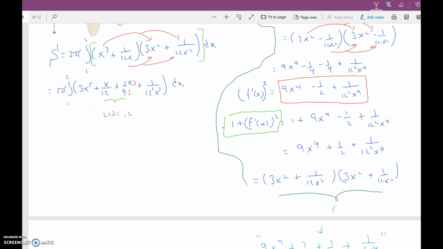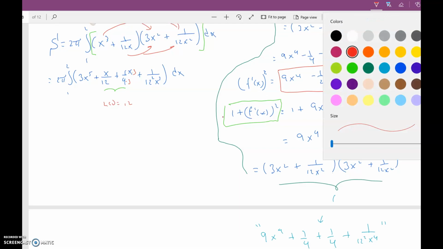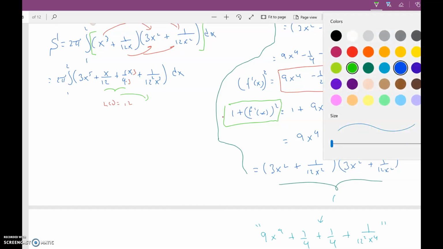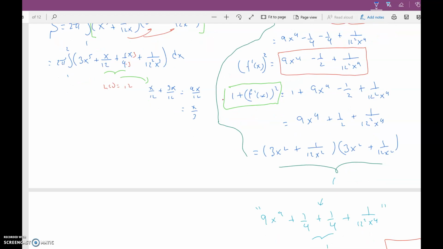And that's gonna give us, so let me take this to the side. So this is x over 12 plus 3x over 12, or 4x over 12, or x over 3. I'm getting an x over 3 on the middle term. So let me rewrite it.